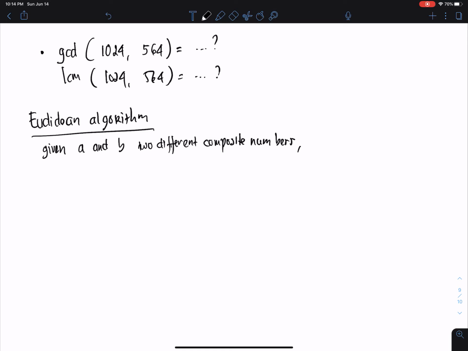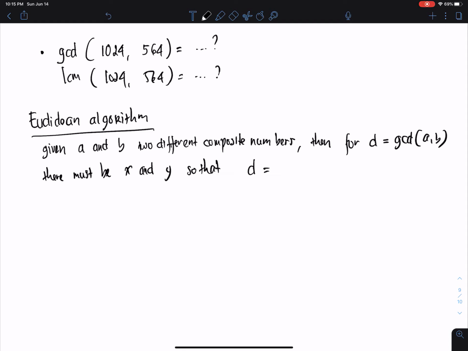So given A and B, two different composite numbers, then for D is the GCD of A and B, there must be X and Y so that D is equal to AX plus BY.